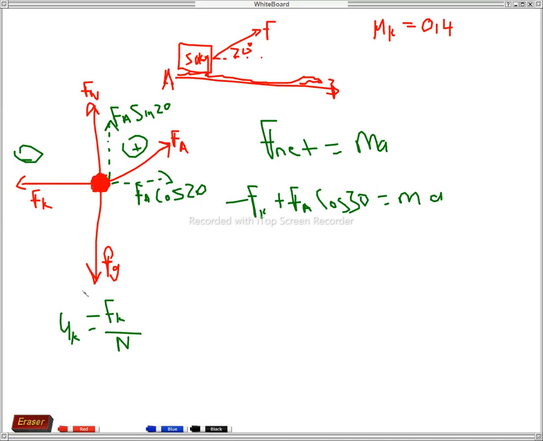So if we make f k the subject of the formula, f k is just going to be mu k multiplied by N, which is the normal force.